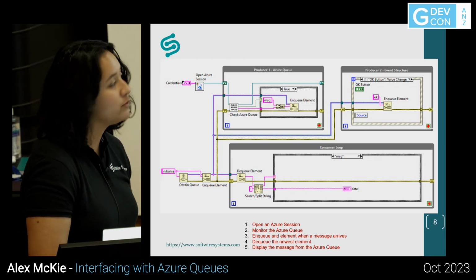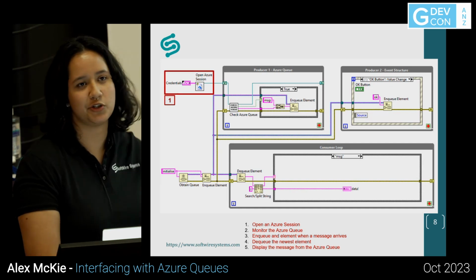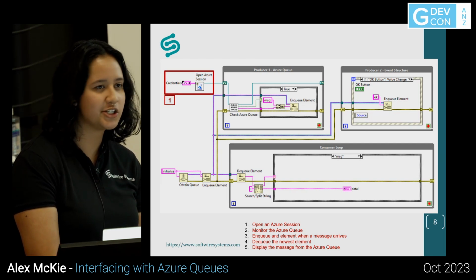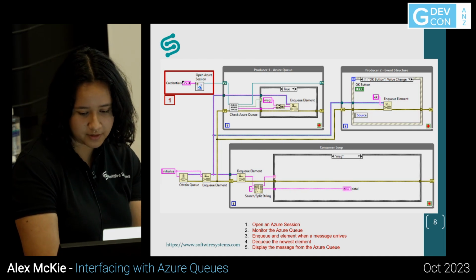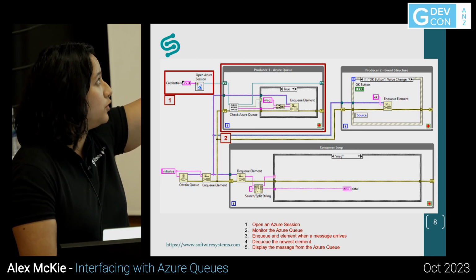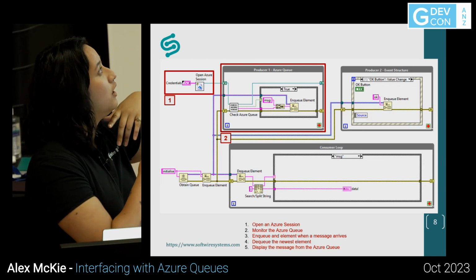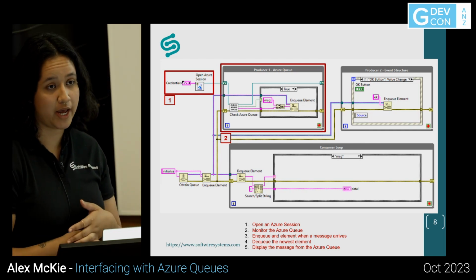Okay, so in general, to get started, we have here open Azure session. You do this when you initiate your application, and you're just providing that storage account name and the key. Then in your loop, you monitor the Azure queue. That's done by, in the while loop, sending the HTTPS request.